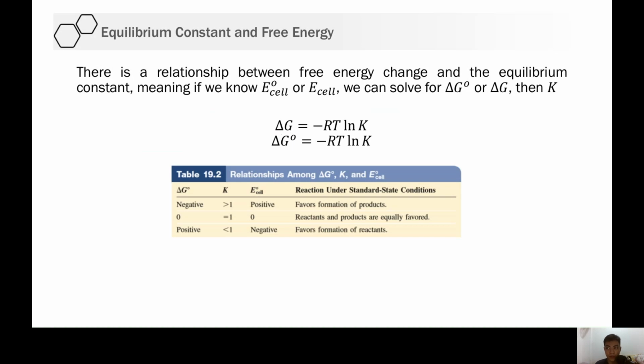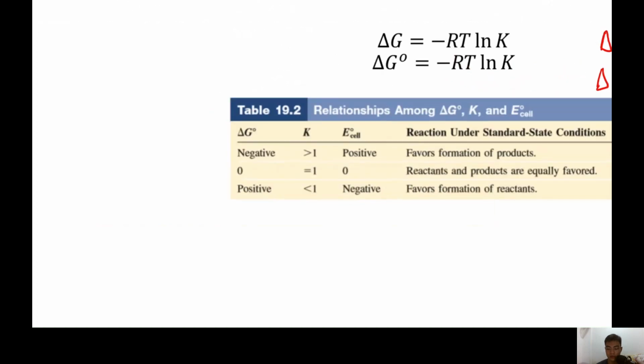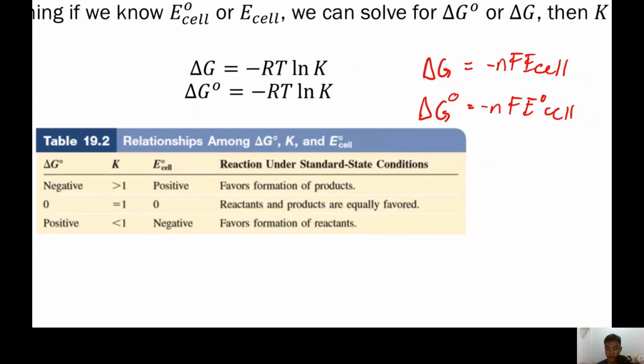They are both equal to negative RT ln K, wherein K is your equilibrium constant. Given those equations, let me rewrite the previous equation again: delta G equals negative nF E cell, and delta G naught equals negative nF E naught cell.